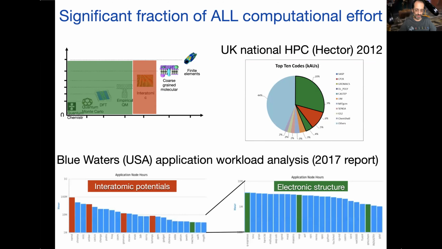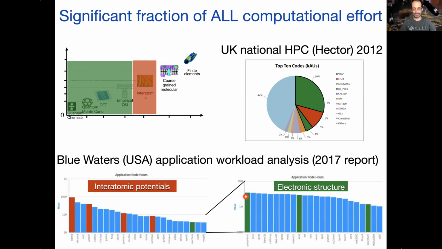If you go over to the US, and this is the Blue Waters computer, the largest, again, non-defense computer, and this is the chart I found, a log scale plot of the various codes, and again I did the coloring, and you can see it actually flipped. So now much more of the time is used for interatomic potentials, force fields, and then you come down on log scale.